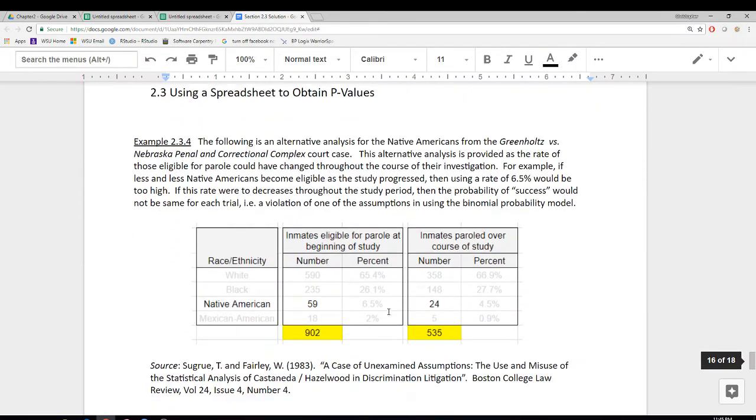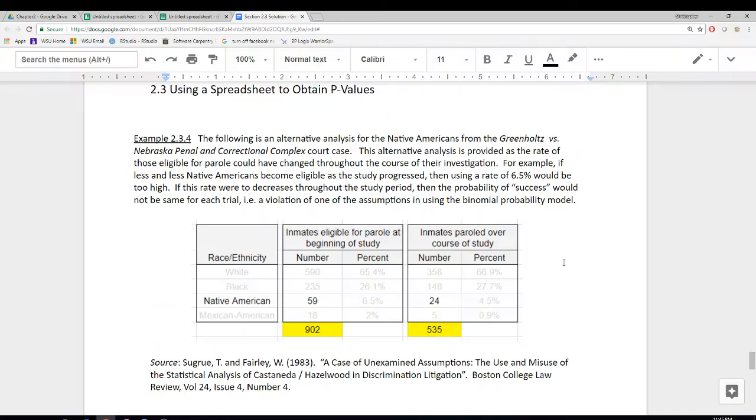All right, before walking away from this example, I want to look at one more slant on this, or maybe one more alternative analysis that I decided to do.